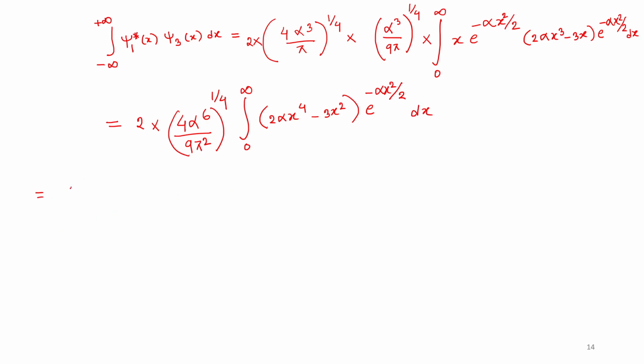is nothing but 2 into, so this is common, so let us write this as k, k to the power 1 by 4, into the integral from 0 to infinity.